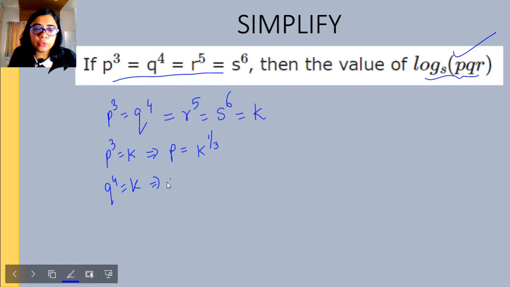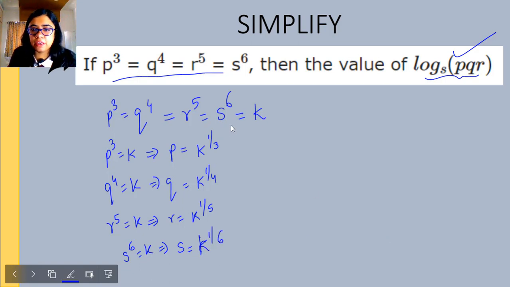So what will q be? q will be k raised to 1 by 4. r raised to 5 is equal to k, so you will have r is equal to k raised to 1 by 5, and you have s raised to 6 is equal to k, so s will be k raised to 1 by 6. So you got the values of p, q, r, s in terms of k.